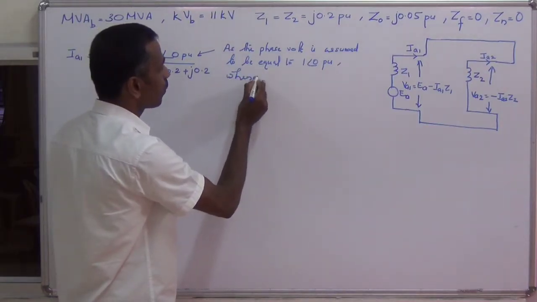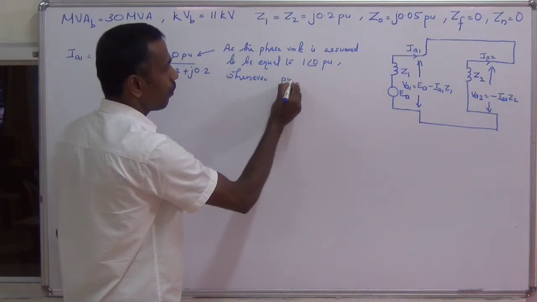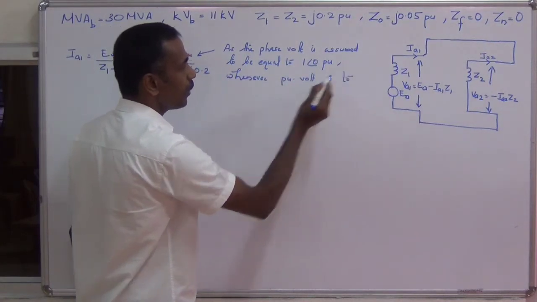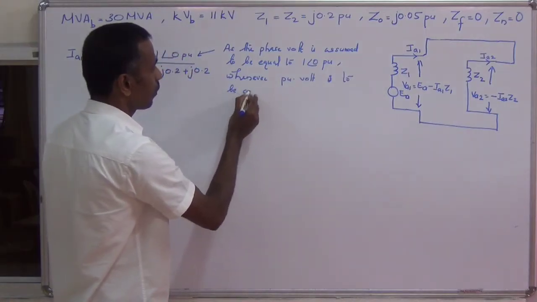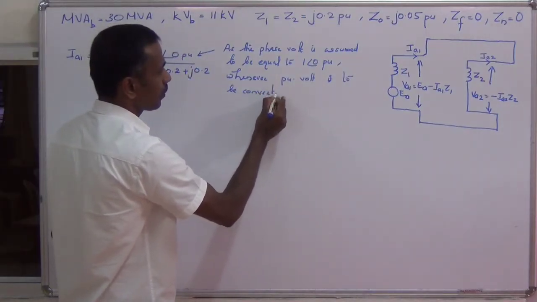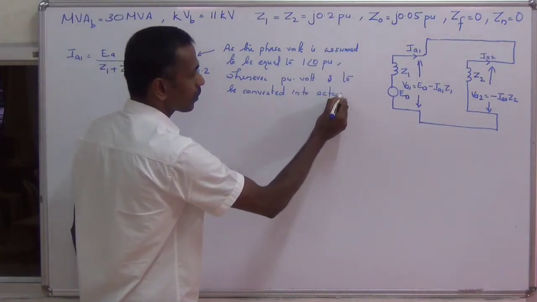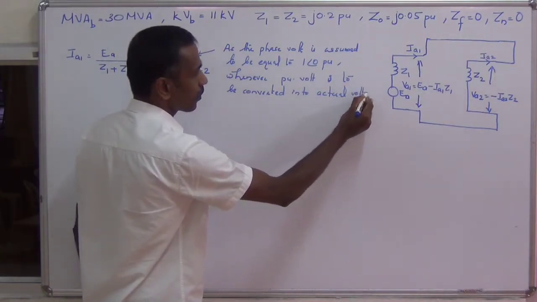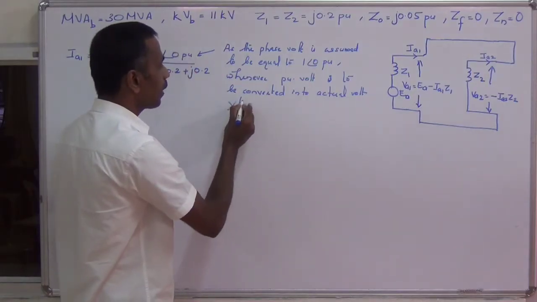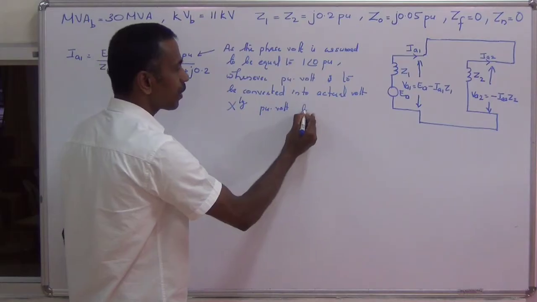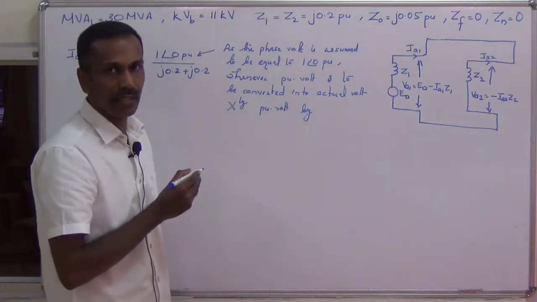Whenever the per unit voltage is to be converted into actual voltage, you multiply the per unit voltage by the base phase voltage.